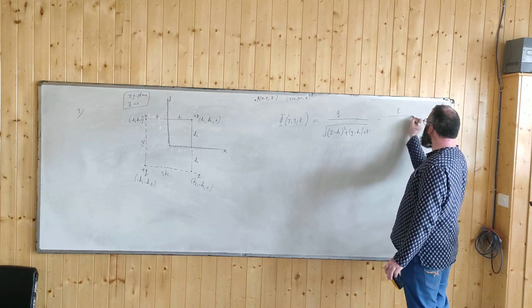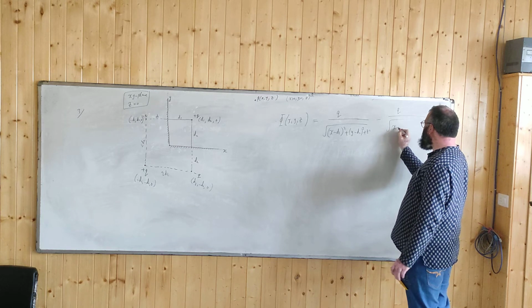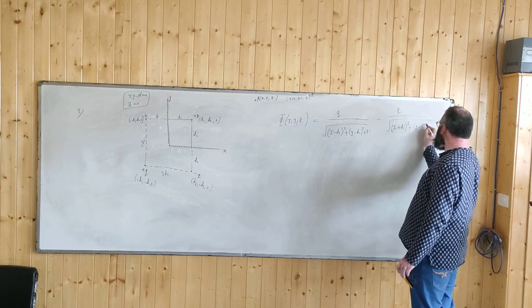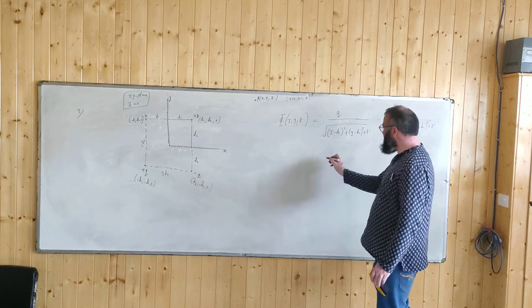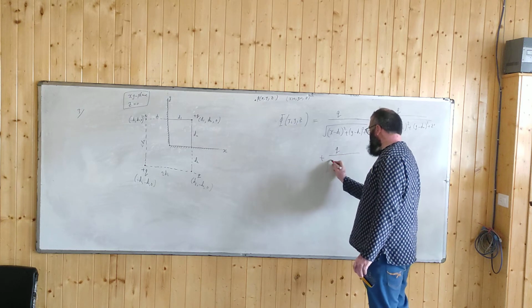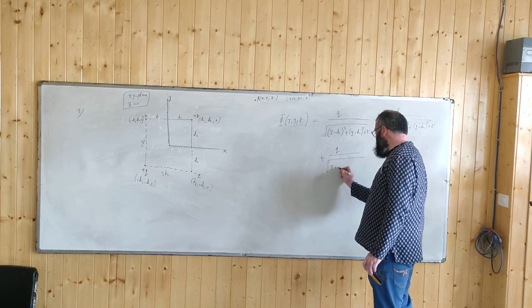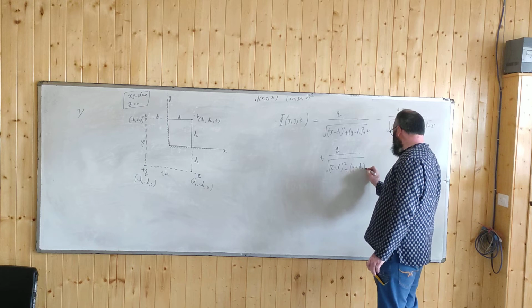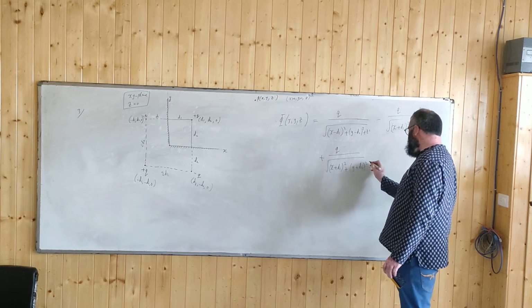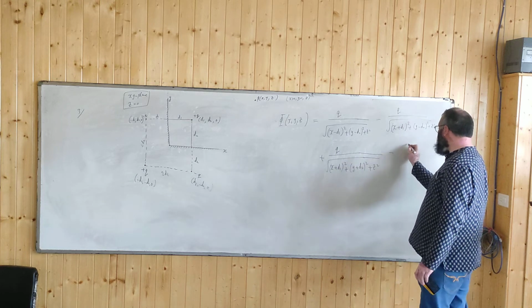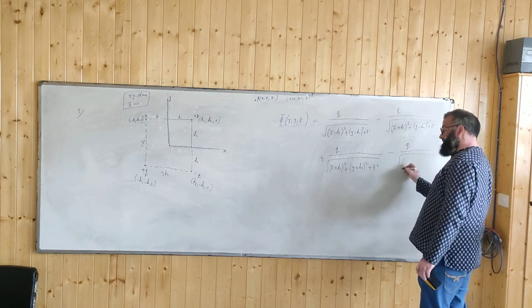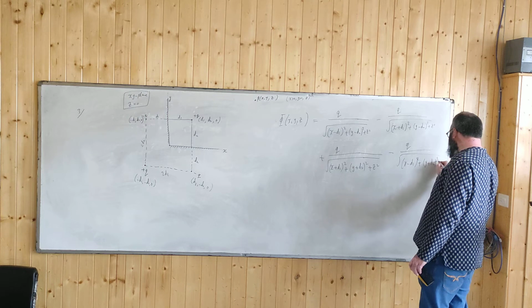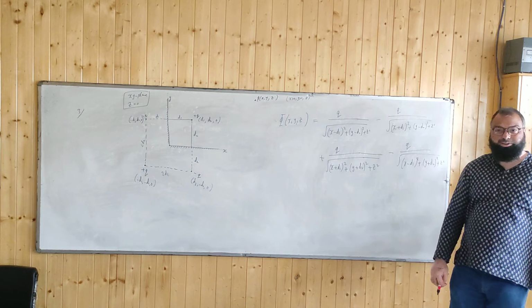Then you have the potential due to the image charges: minus q divided by root of (x plus d1) whole square plus (y minus d2) whole square plus z square, then plus q divided by root of (x plus d1) whole square plus (y plus d2) whole square plus z square, clear? Then minus q divided by root of (x minus d1) whole square plus (y plus d2) whole square plus z square. So this is the potential due to this very configuration.